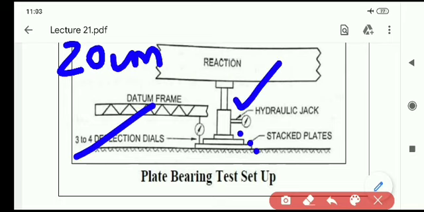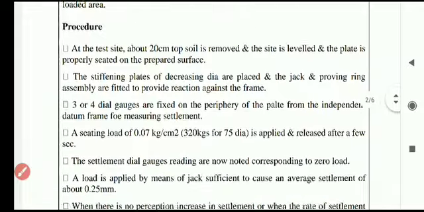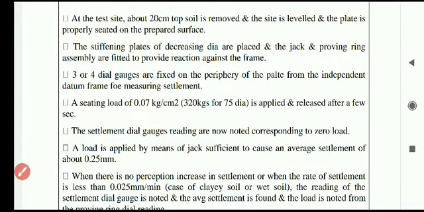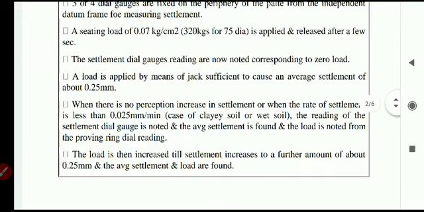So this is the one dial gauge which is to measure the load application, and we need to connect one more set of 3 to 4 dial gauges to the bearing plates from the datum frame to measure the settlements. So like this the arrangement is done, and first we are applying the initial load.